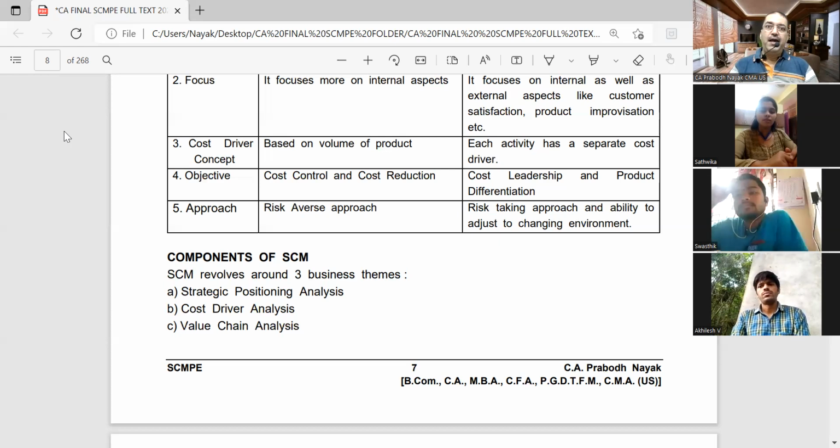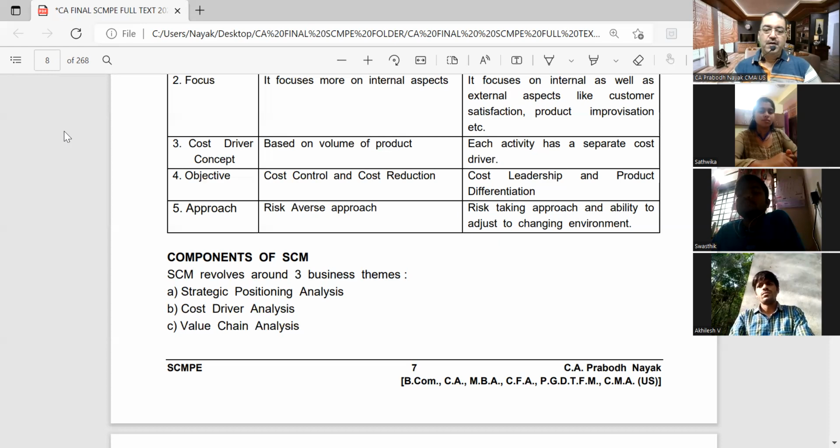But I have in my syllabus an entire part dealing with strategic positioning only. An entire part dealing with only cost driver analysis, ABC costing, activity-based costing. And today I am going to do in detail value chain analysis. But when I'm talking about components of strategic cost management, I have to be brief. I don't have to do the entire story.